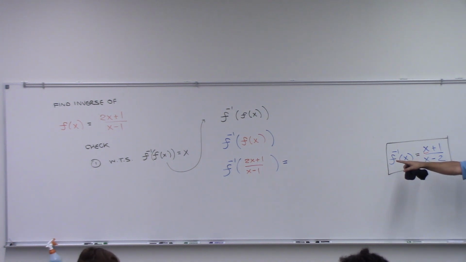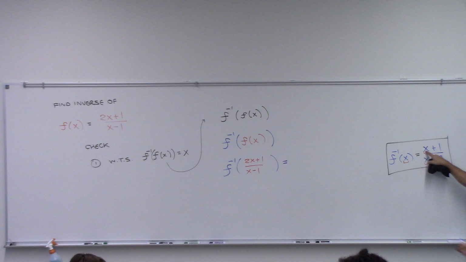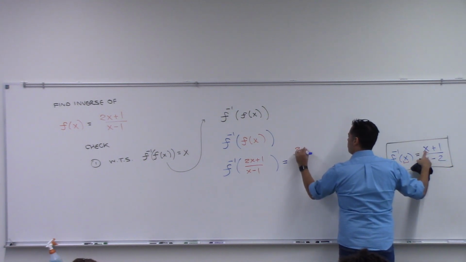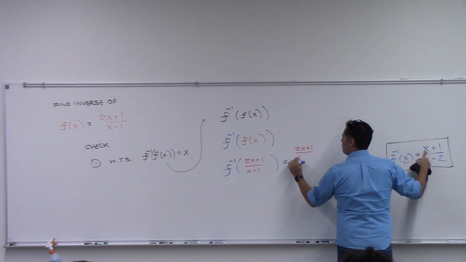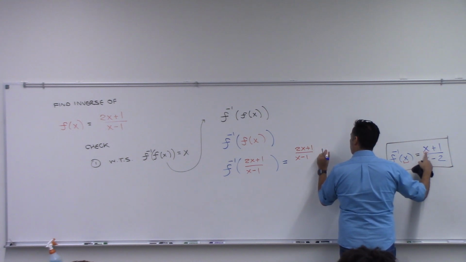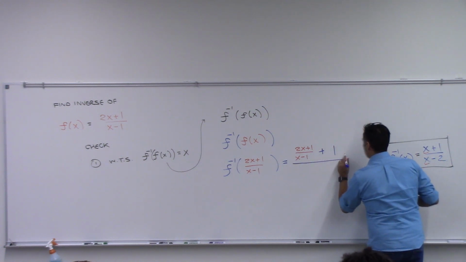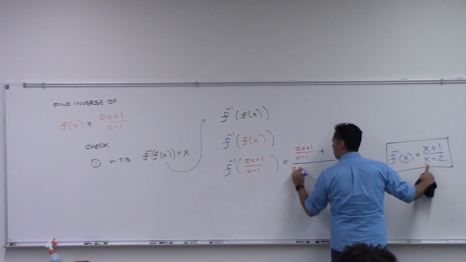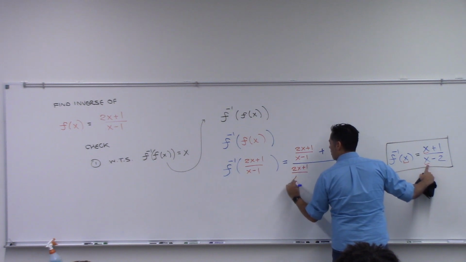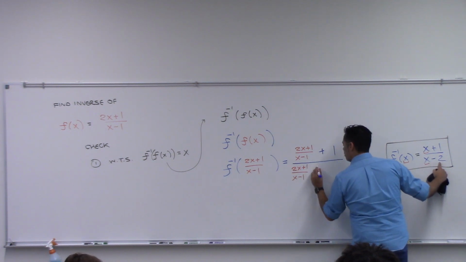Which is a big ugly fraction. So I put right here 2x plus 1 over x minus 1, and then I still have next to it plus 1, don't I? That's just the top. And then below it, I have, again, x, which is 2x plus 1 over x minus 1, but now minus 2.